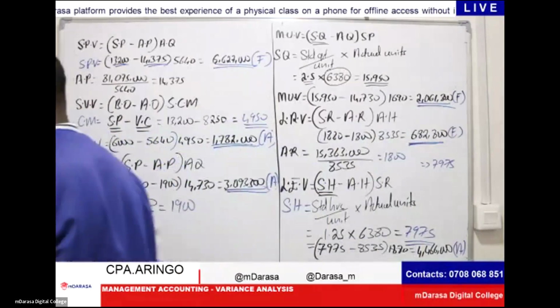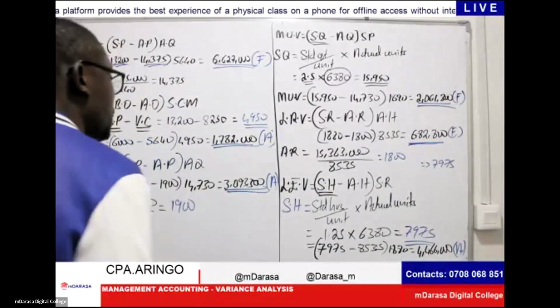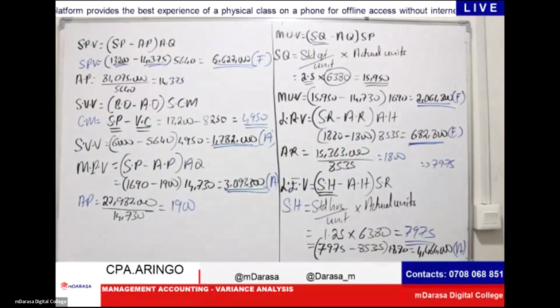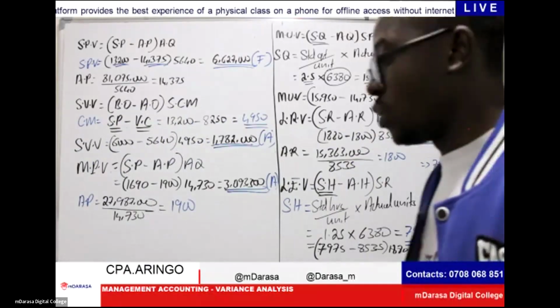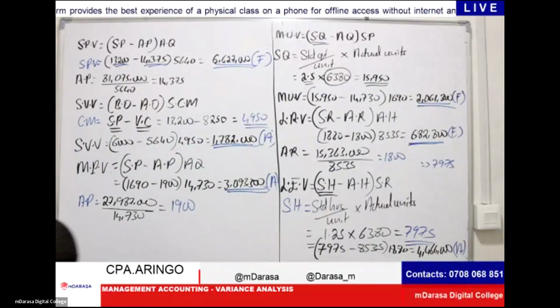So these are what we expected in that question, which clearly is nothing complicated. It is just upon us to identify the values and substitute them in our formula. That is all that we need to have.